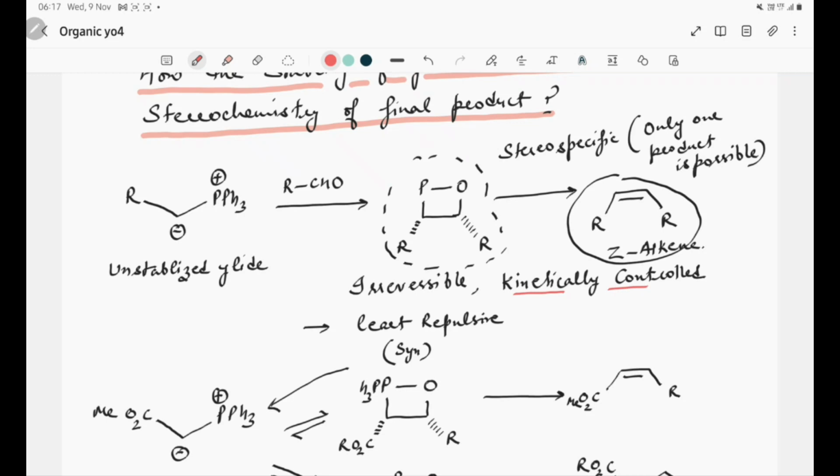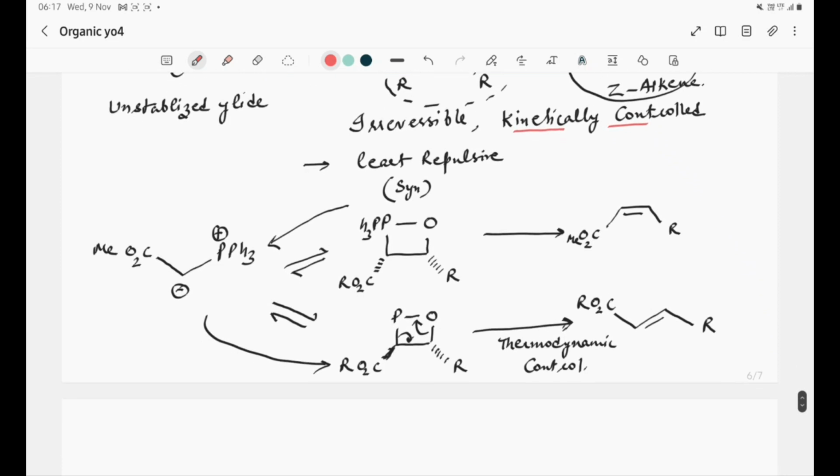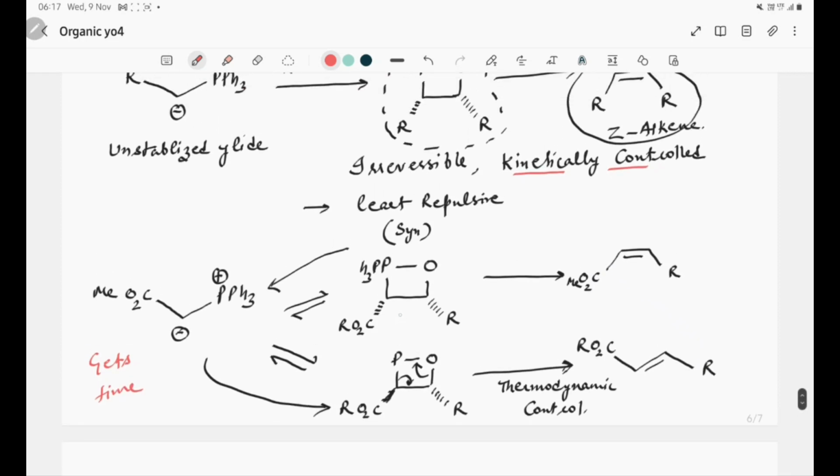As a result, syn oxaphosphetane is formed, which in an irreversible manner forms Z alkene, whereas when the ylide is stabilized, it gets time to establish an equilibrium between syn and anti diastereomers of the oxaphosphetane intermediate, and the anti diastereomer under thermodynamic control forms E alkene as the major product. I hope you like it.